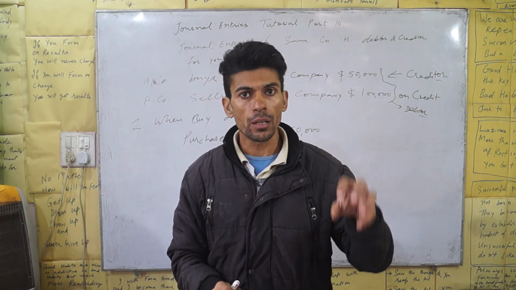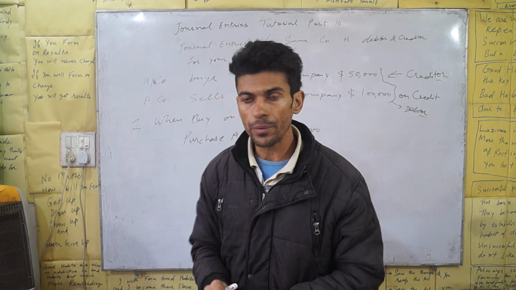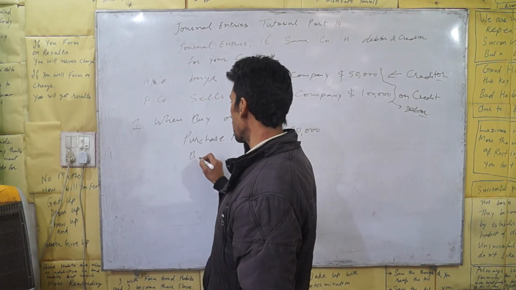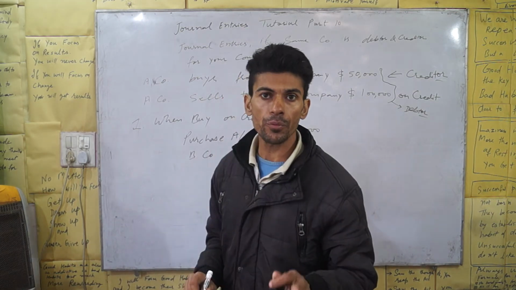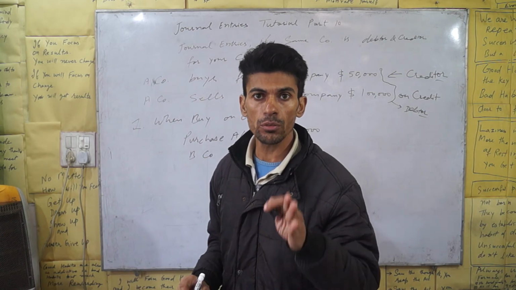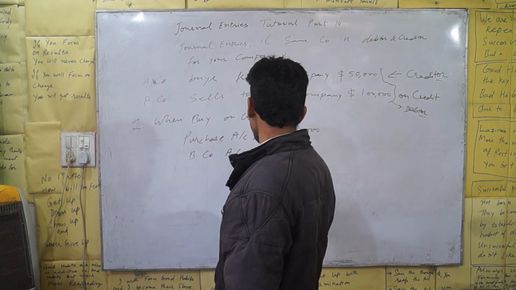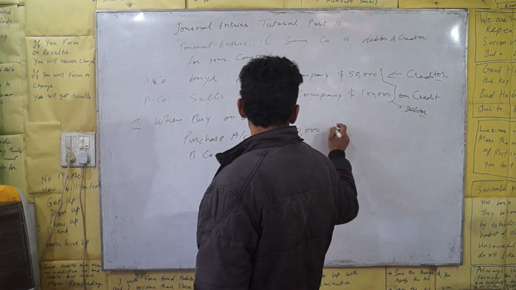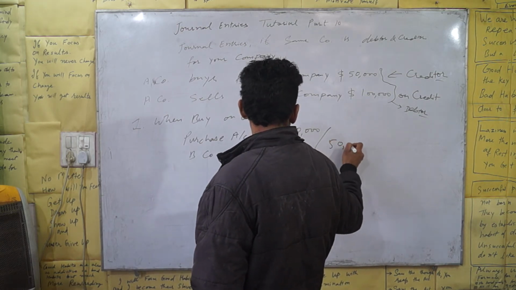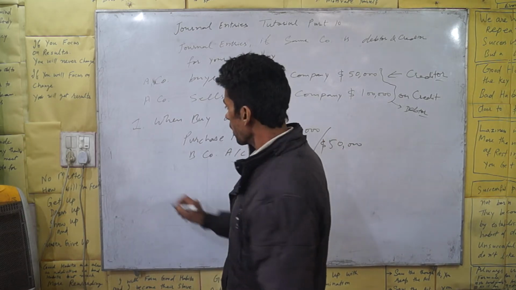Okay, and our liability is increased. B company is our liability. We have to pay $50,000 to him. Account credit. Okay.